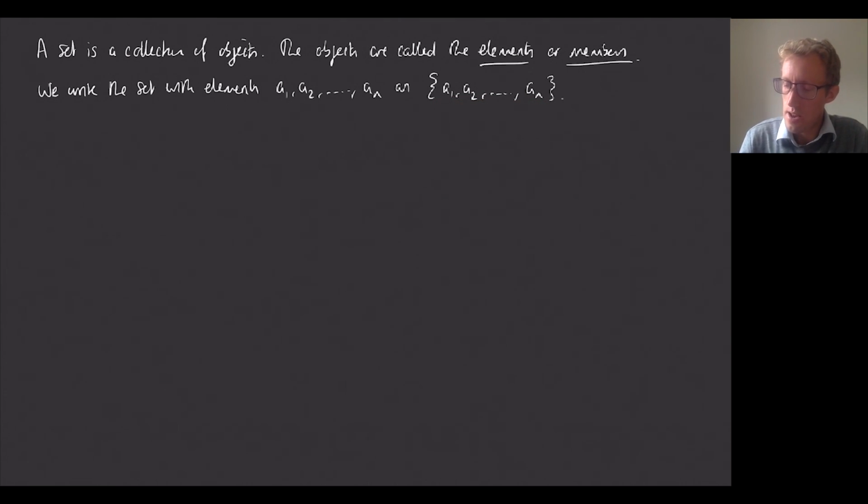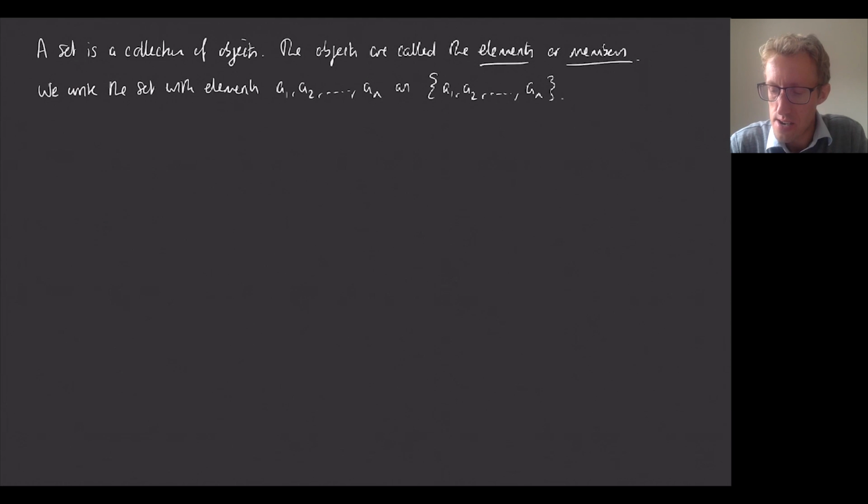Now, this definition is actually not very good. And we're going to see lots of examples that should make clear what we mean. But I'm also going to show you an example at the end of the lecture where this doesn't work. And the problem is that this phrase here, a collection of objects, is not very precise. It's not really clear what exactly that means.